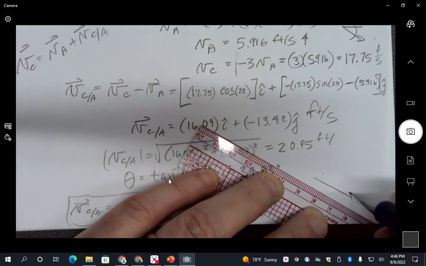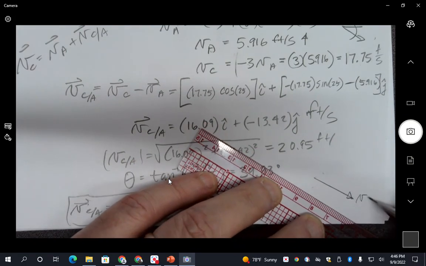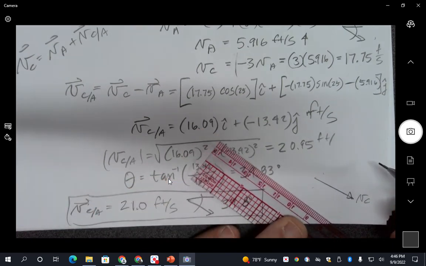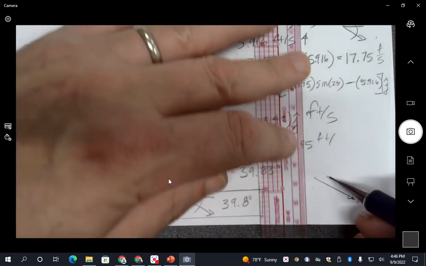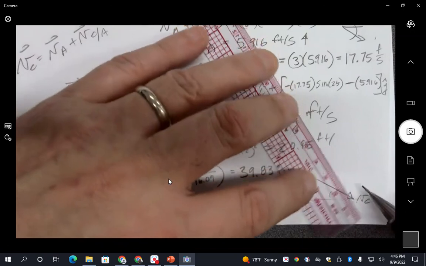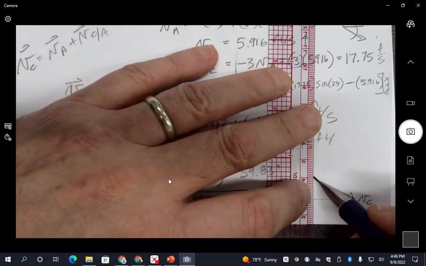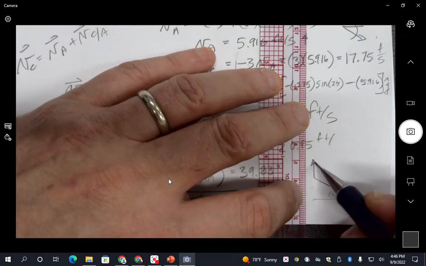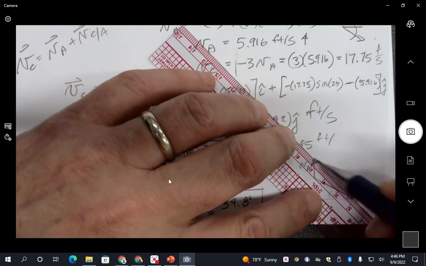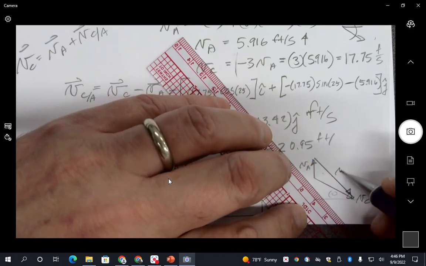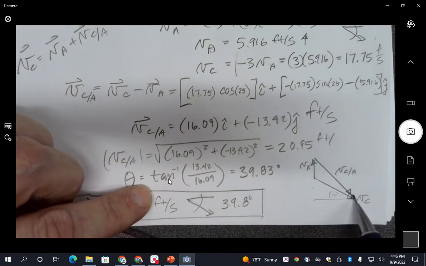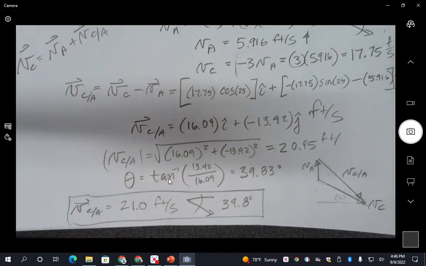And so we have this VC going that way. It's going to be a tight one right there, right? Because that's 30 degrees right there, but that's 39. So I think we're going to go up VA and then down VC with respect to A. We'll add that one to that one and it results in that one.